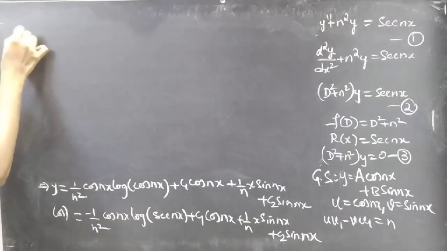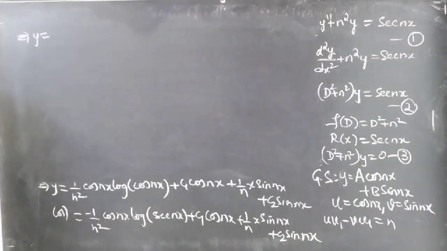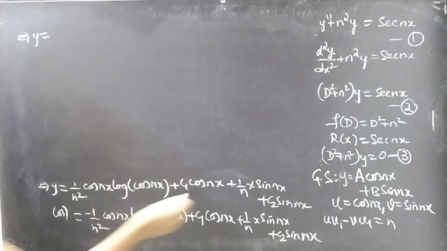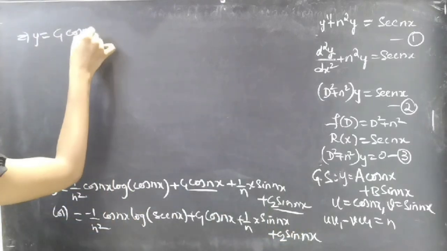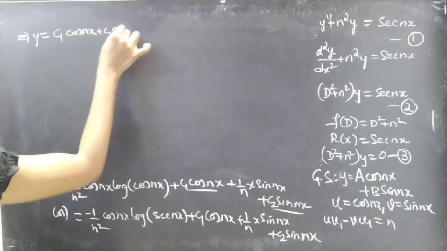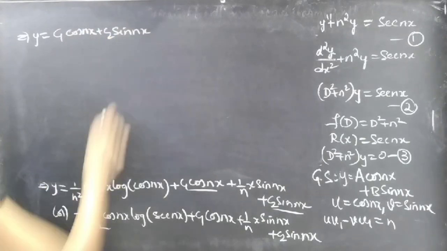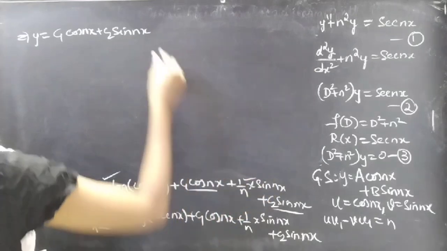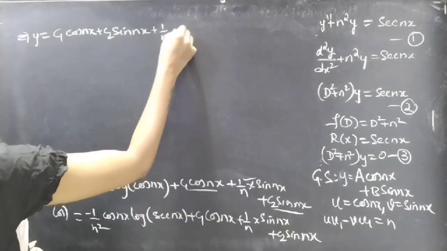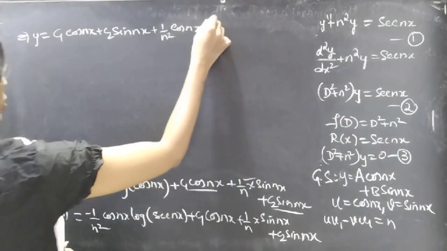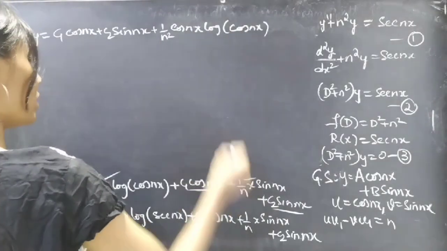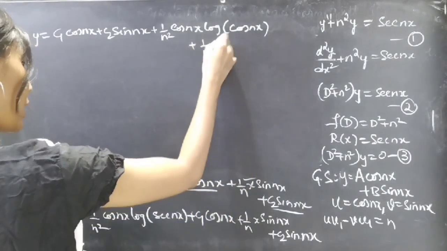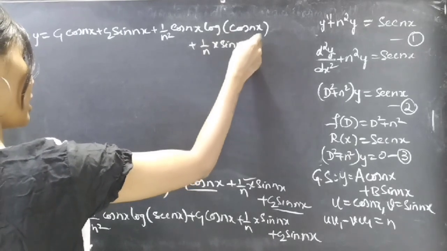Or we can write it as y equal to, writing the terms involving c1 and c2 first, c1 cos nx plus c2 sin nx, plus the remaining terms, 1 by n square cos nx log of cos nx plus 1 by n x sin nx.